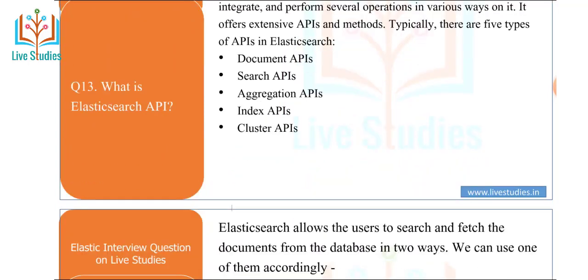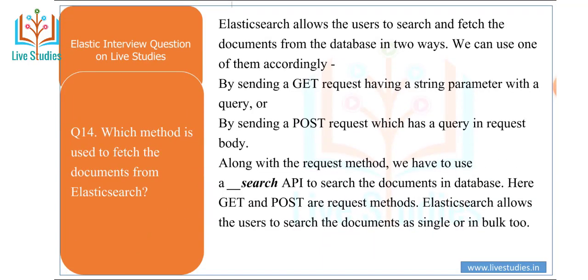Okay. Another question is, which method is used to fetch the document from Elasticsearch? Elasticsearch allows the user to search and fetch the document from the database in 2 ways. First, by sending a GET request having a string parameter with a query.